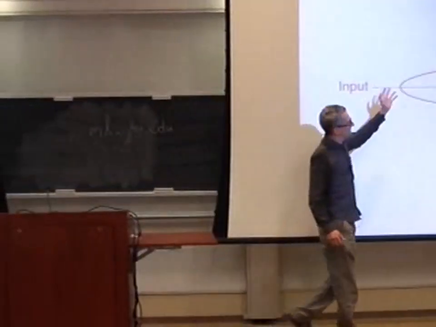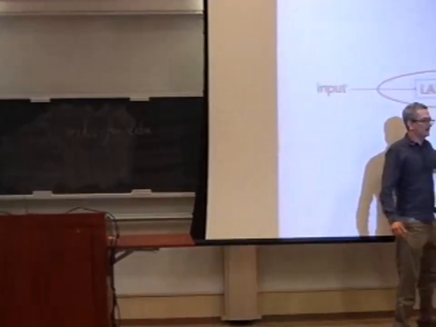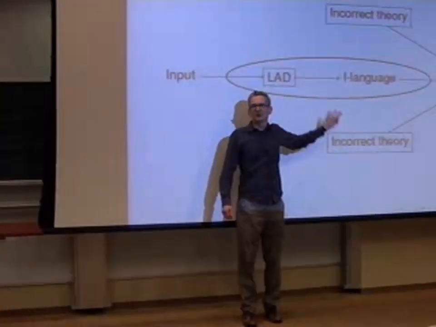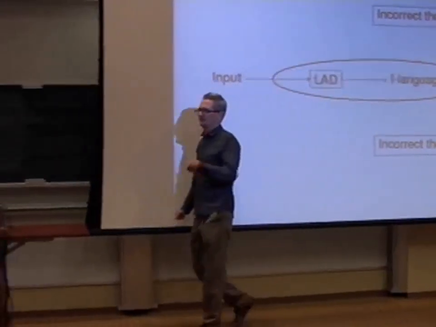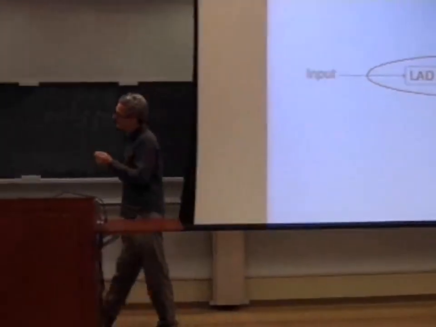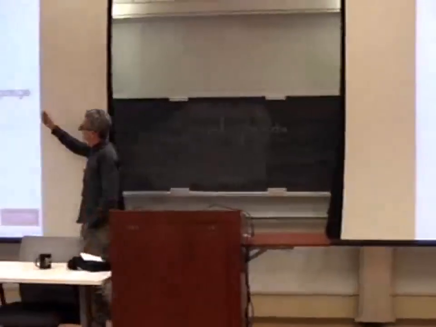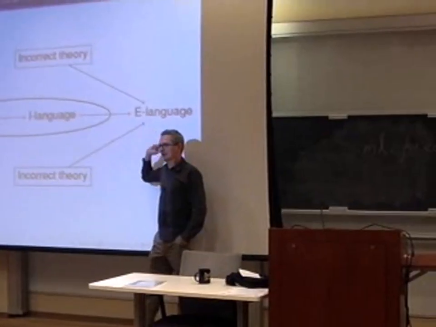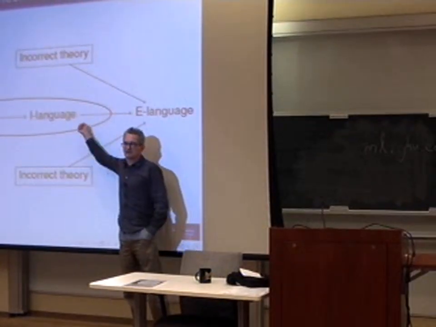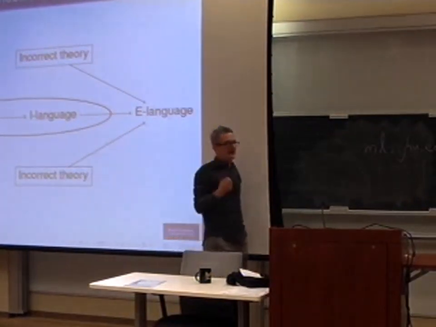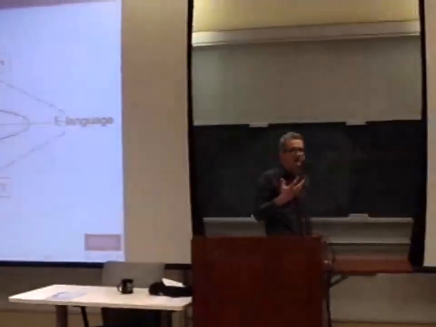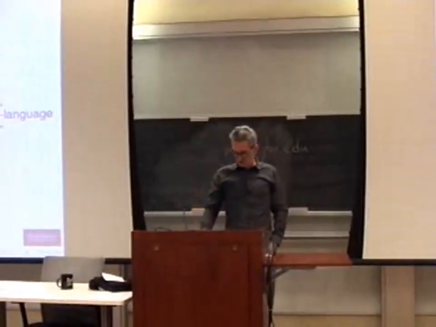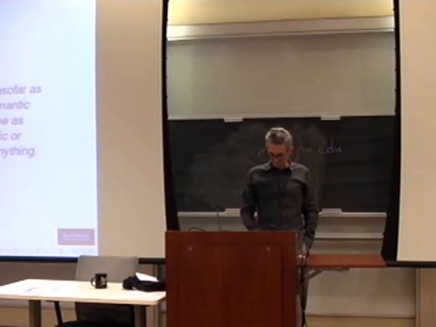Well, in principle, what this diagram shows is that the right answer is going to be something that is the output of a learning algorithm, right? We need to consider not just the fact that these languages generate the set of strings, but also the fact that we know they can be learned. That is, the output of a learning algorithm. And if we add that constraint, then this is going to narrow down the set of structures that we need.